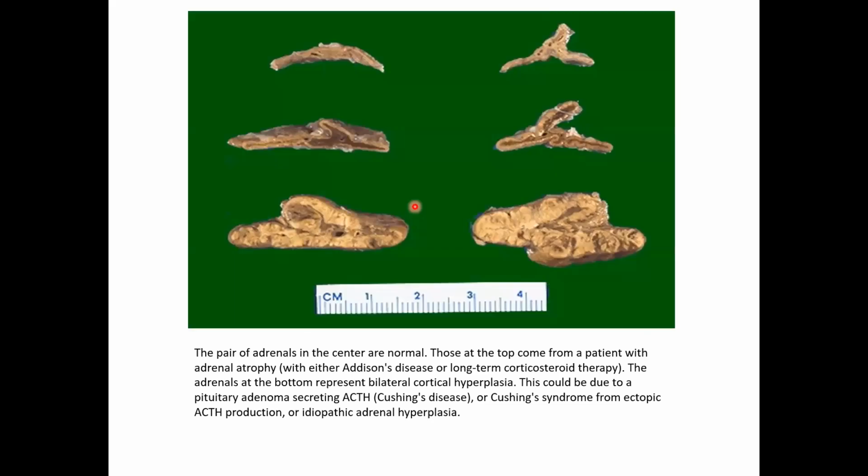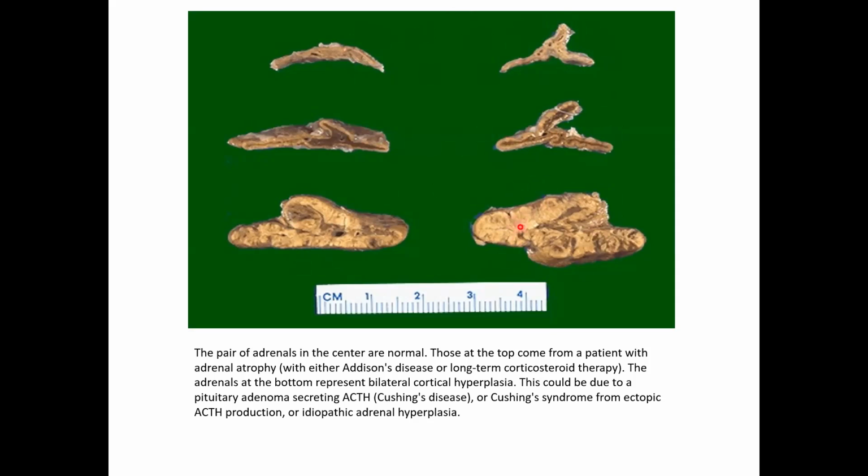The adrenal gland. This is an illustration of normal adrenal glands in the middle, atrophic adrenal glands, and hyperplastic adrenal glands. If you remember, we said atrophy occurs with either exogenous cortisone intake, or a functioning adenoma or carcinoma in one gland, causing atrophy of the surrounding tissue and the contralateral adrenal gland.